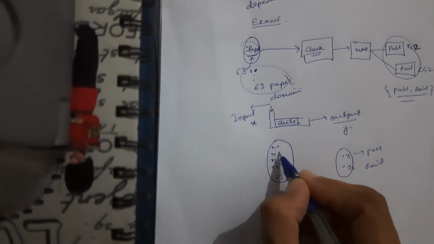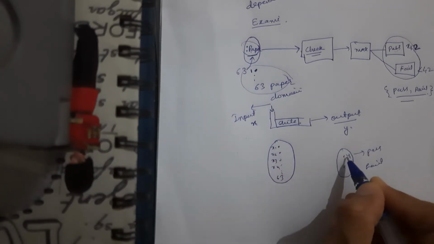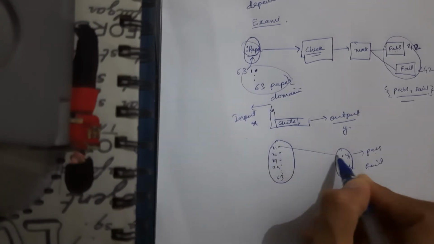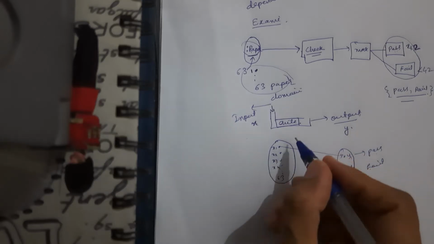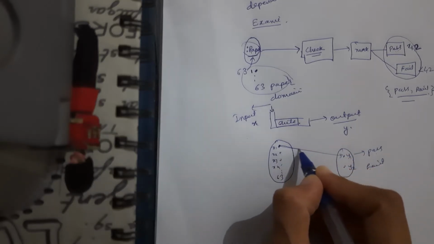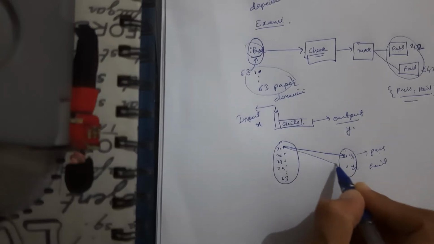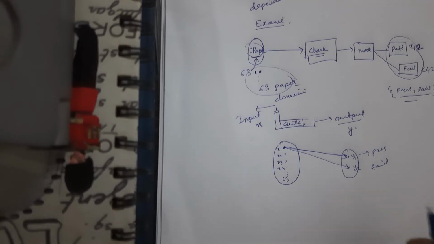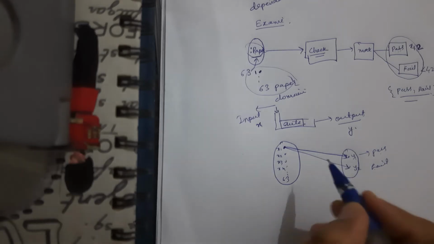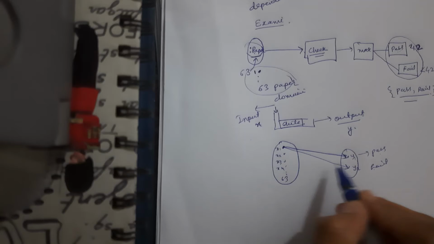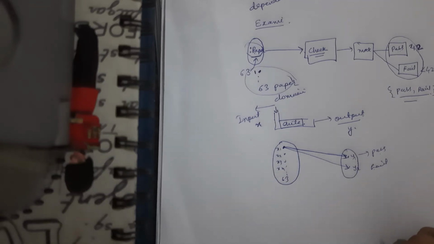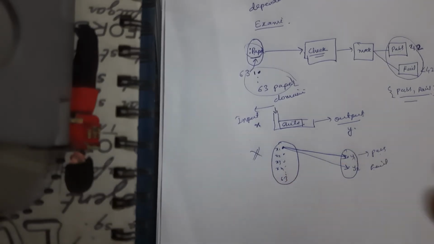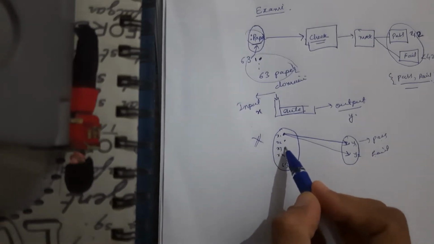Every student will get either pass or fail. But is it possible that one student got two results, pass as well as fail? No, that's not possible. If this case happened, then it would not be a function. But this never happens. Every distinct student has a distinct output. That's why it's a function.